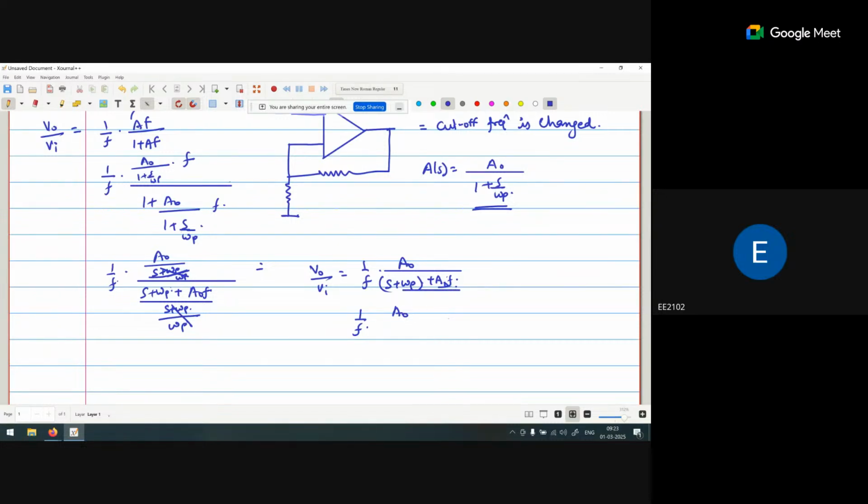Okay, so if I take as a common A naught upon A naught f plus omega p, so the constant term will be 1 plus s upon omega p plus A naught f.